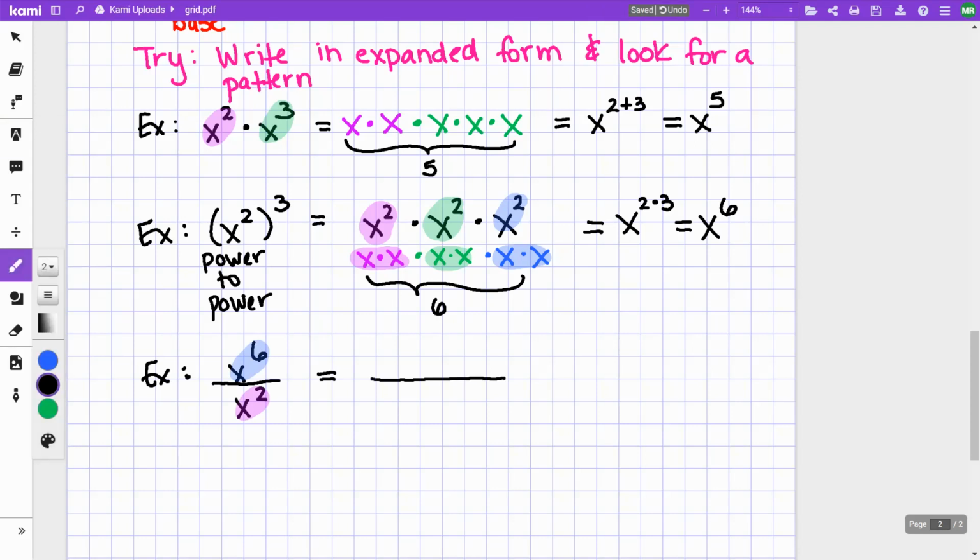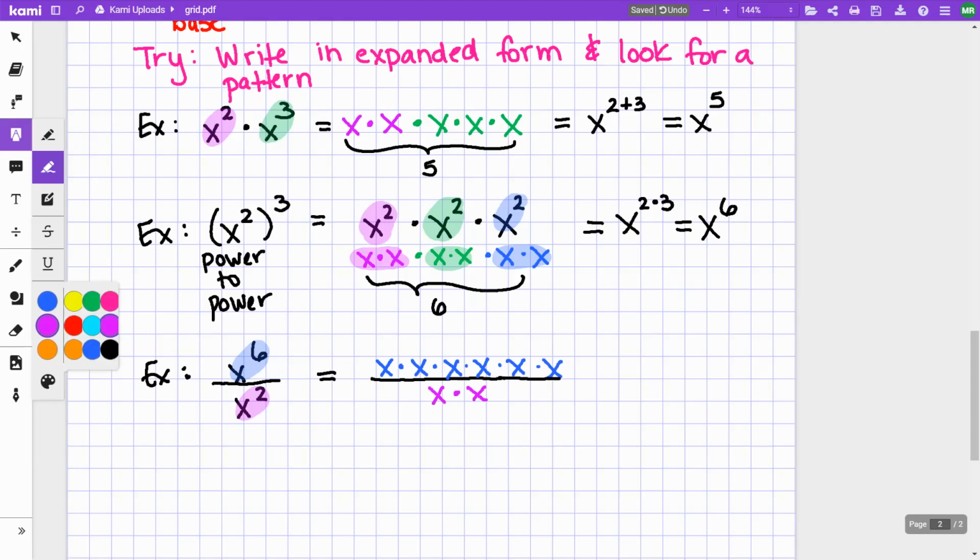So on the top, x to the 6th, I would have 1, 2, 3, 4, 5, 6. On the bottom, I would have x times x. I would have 2 of them. Now what happens is anytime I have the same on top and bottom, it's actually going to become a 1. So this x on top and this x on bottom really cancel out and become a 1.